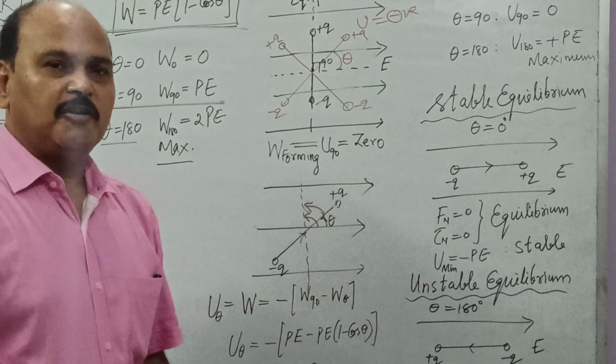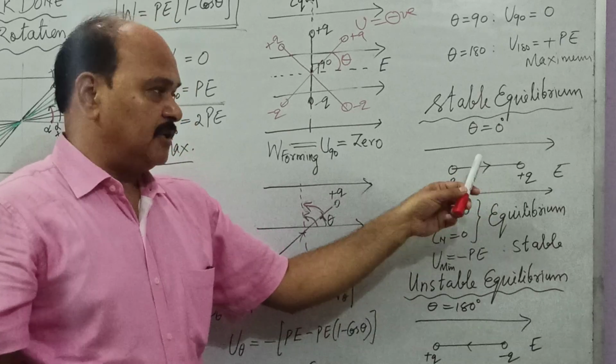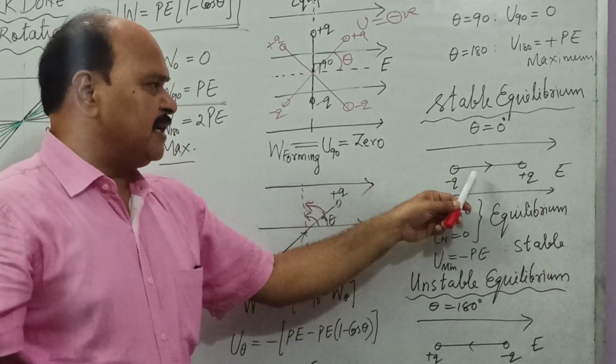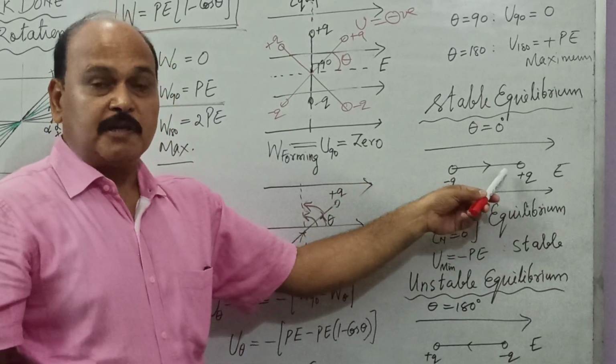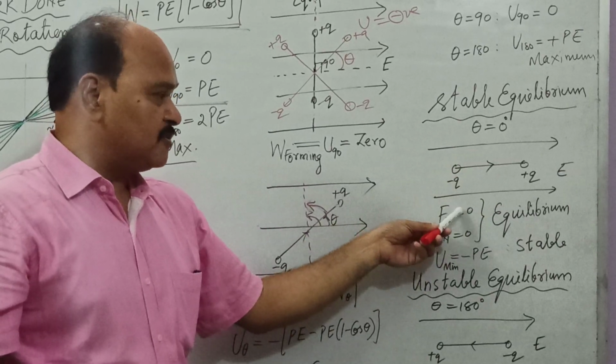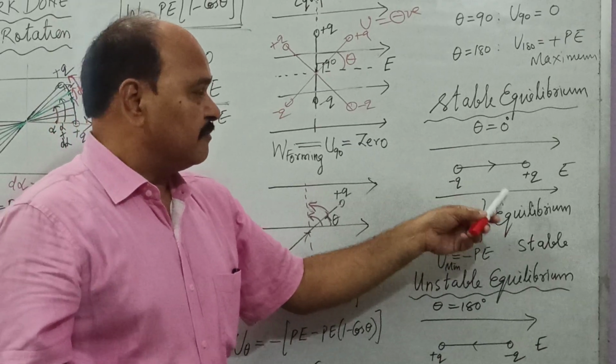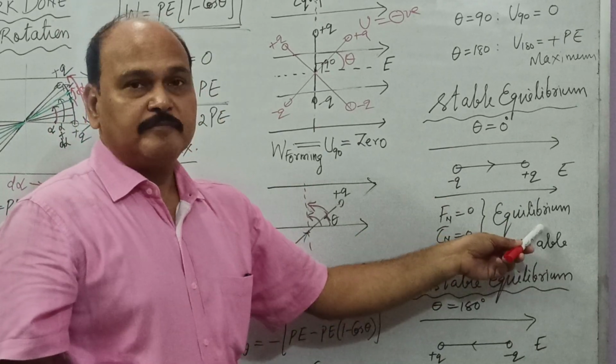Why is it in stable equilibrium? Well, net force is always 0. What is net torque when theta is equal to 0? PE sin 0, that is 0. So net force is 0, net torque is 0, which makes the dipole in equilibrium.